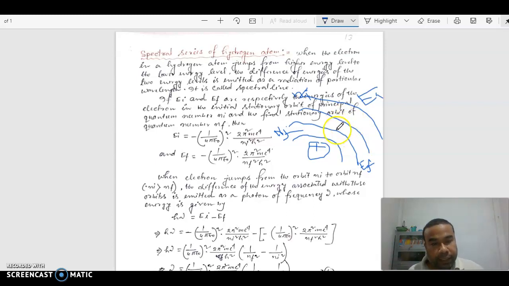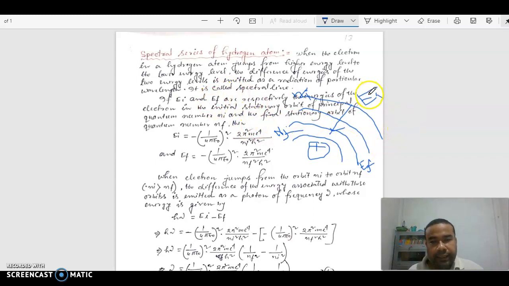Again, when an electron absorbs energy, it jumps from a lower energy level to a higher energy level. Here we are showing energy is radiated, so the electron jumps from the higher energy level to the lower energy level.